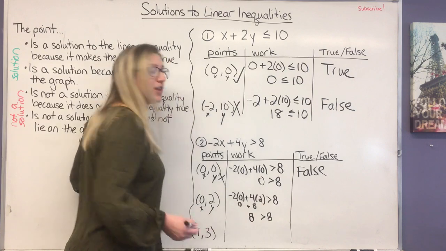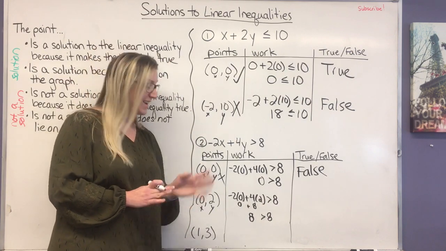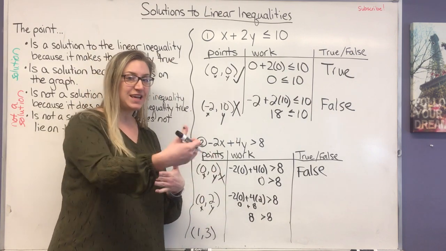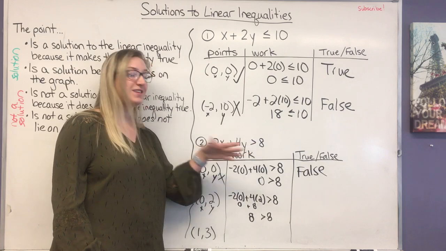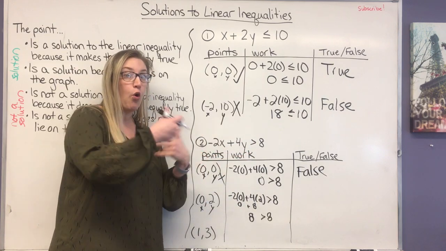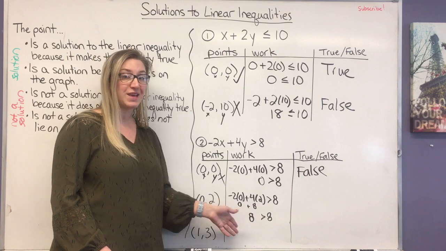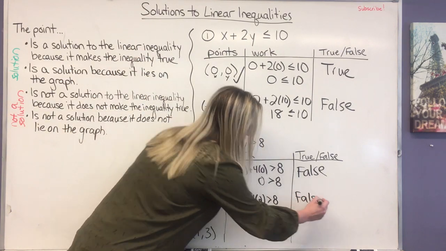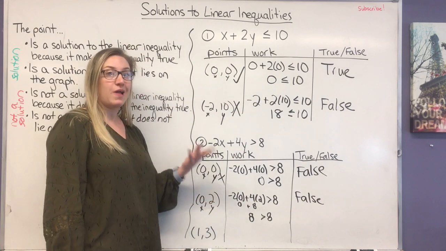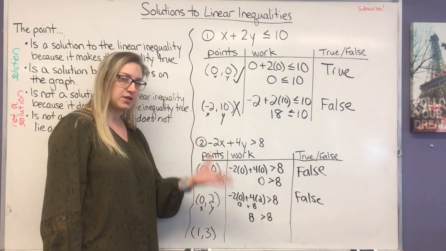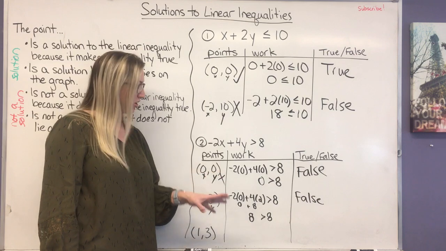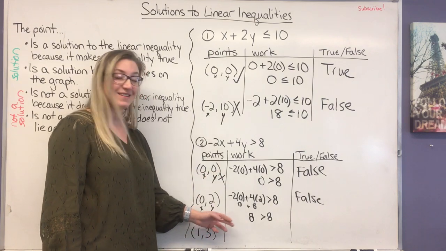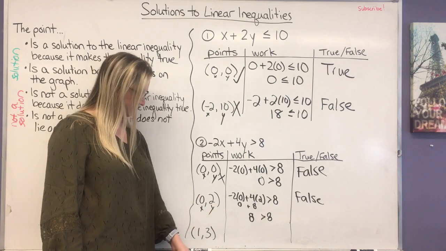Is that greater than 8? It's not. 8 is equal to 8. Our symbol here does not indicate that it can be greater than or equal to. It's just greater than, in which case this is a false statement. So this point, although it will lie on the dashed line, which is going to make a little bit more sense when we start graphing linear inequalities, is not a solution.